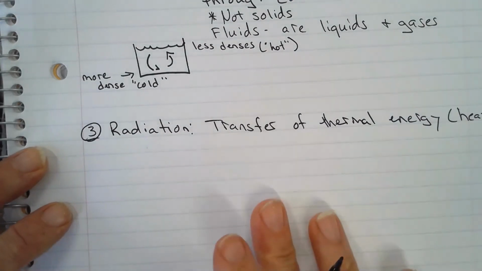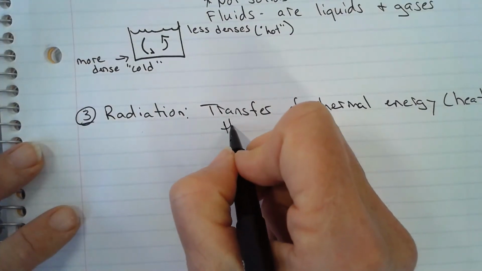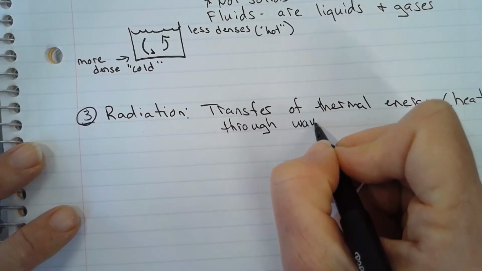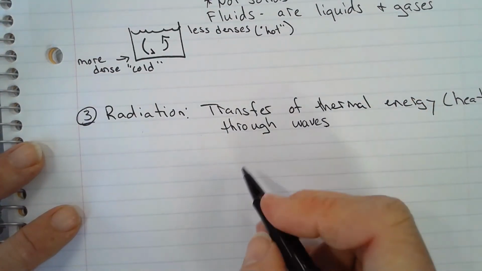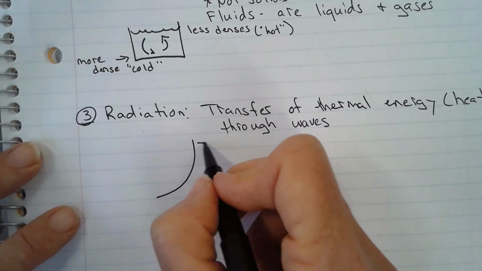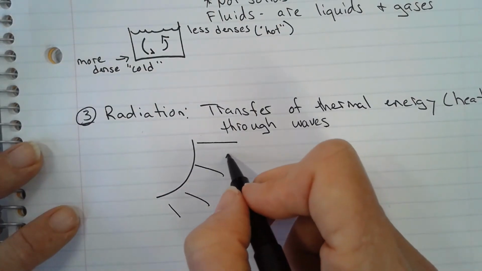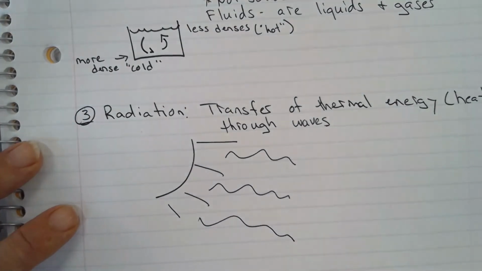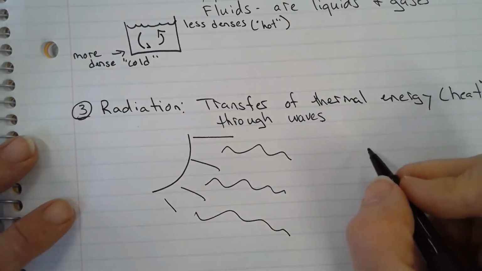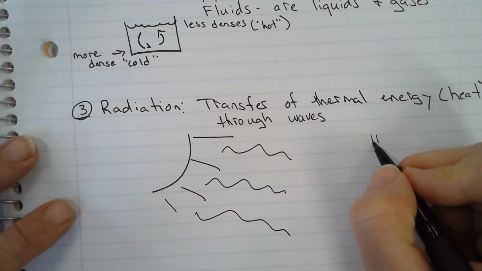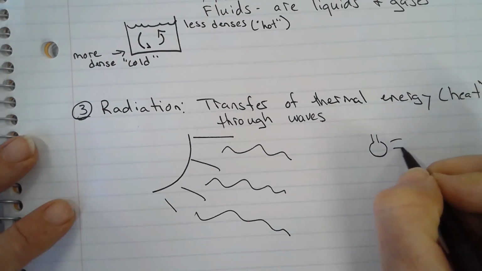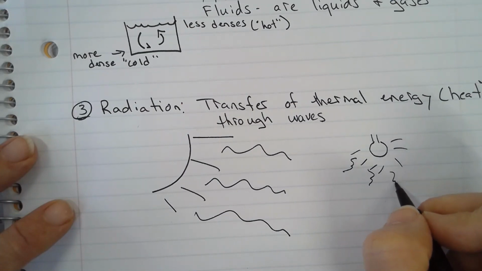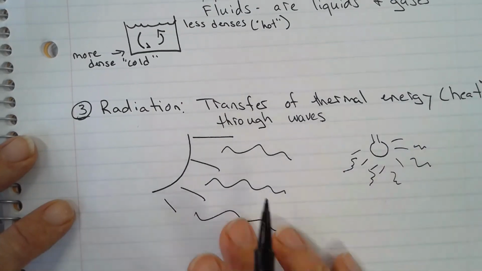Transfer of thermal energy is heat, and this is through waves. So here I've got my sunshine, and the heat is traveling in waves. You could have a light bulb, and it's giving off light, but the heat is the radiant energy.